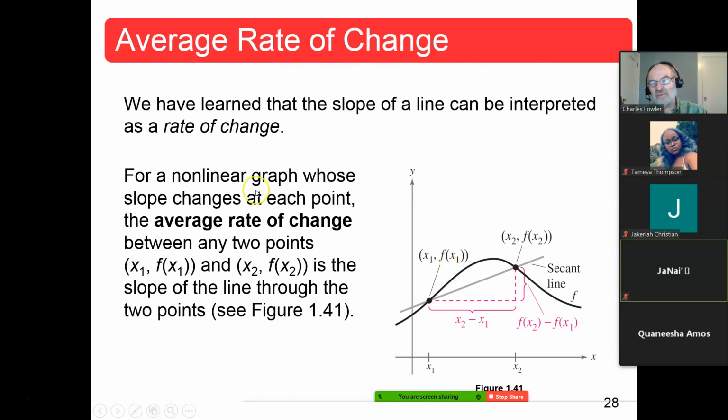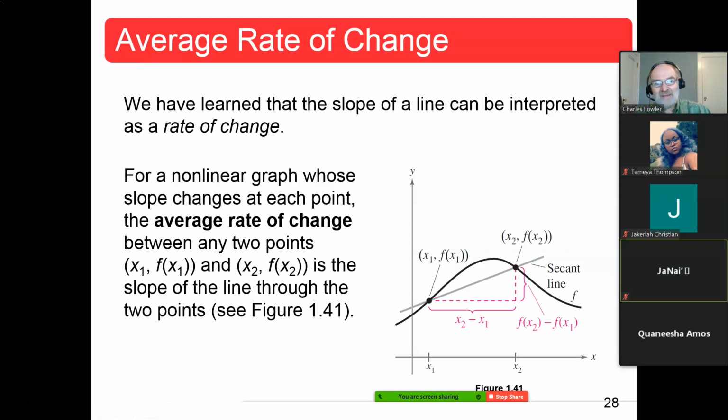So what we want to look at is the average rate of change between any 2 points. Now we used to call them x1, y1 and x2, y2. Remember that? And we found the slope between them: y2 minus y1 over x2 minus x1. Guess what? Same deal.